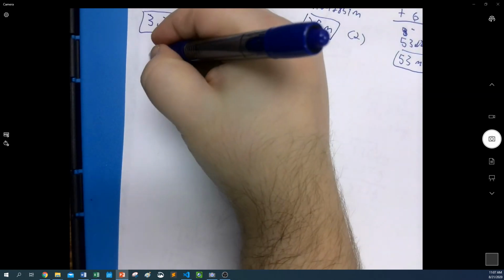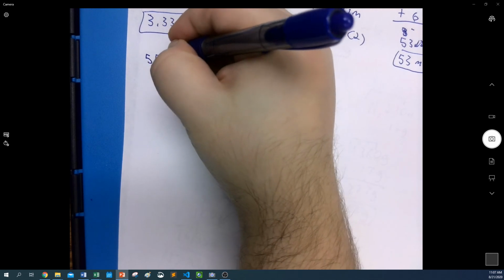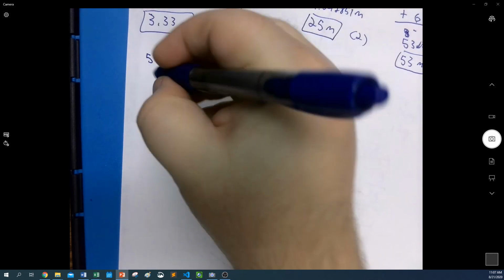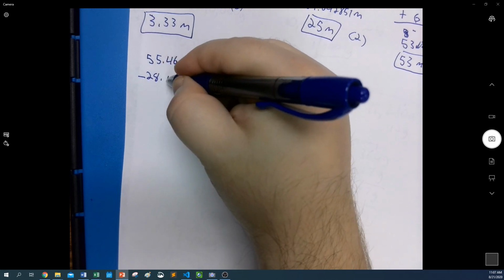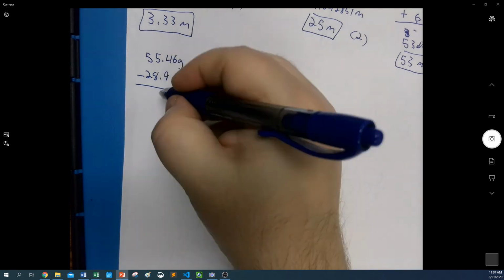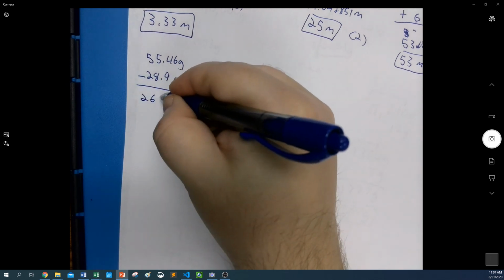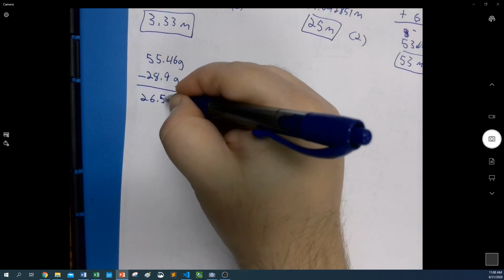So 55.46 grams minus 28.9 grams is 26.56 grams.